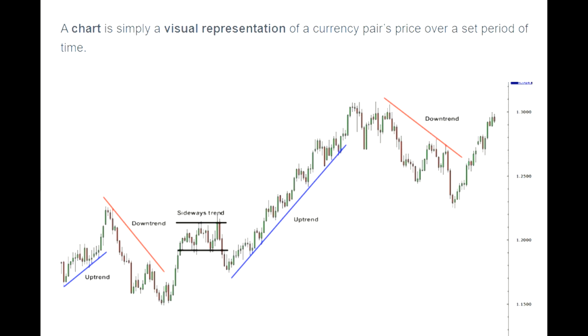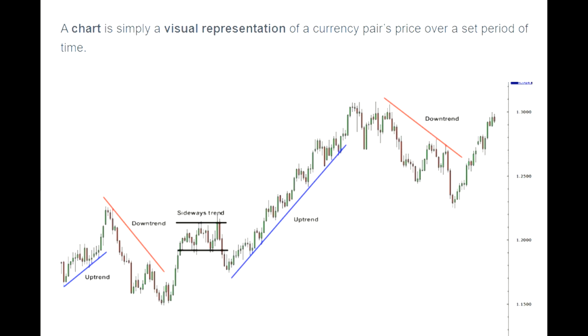An uptrend means it's going up, so it's time to buy. Most often you see blue and red lines, or green and red. Blue or green goes in for the buy, so this is a buy position. The downtrends are mostly the sells, the sell positions.